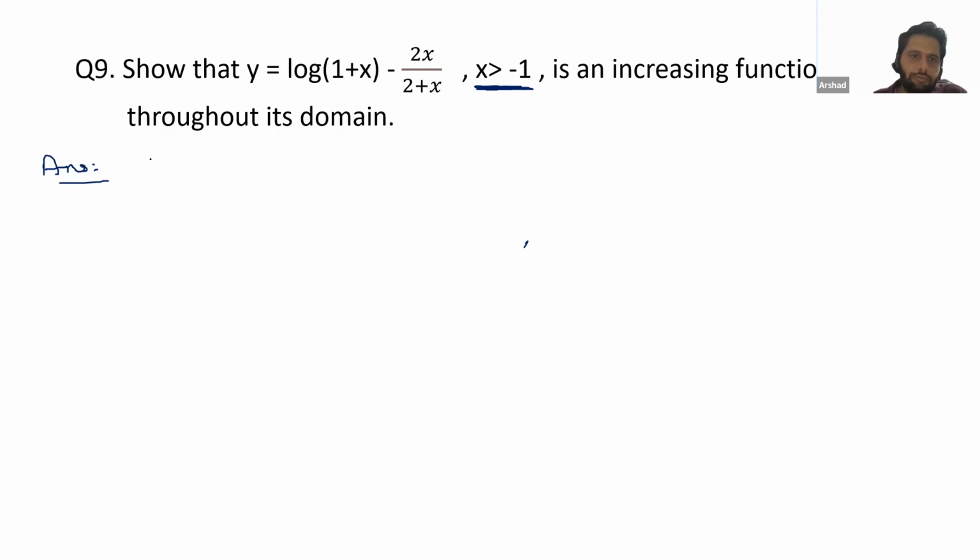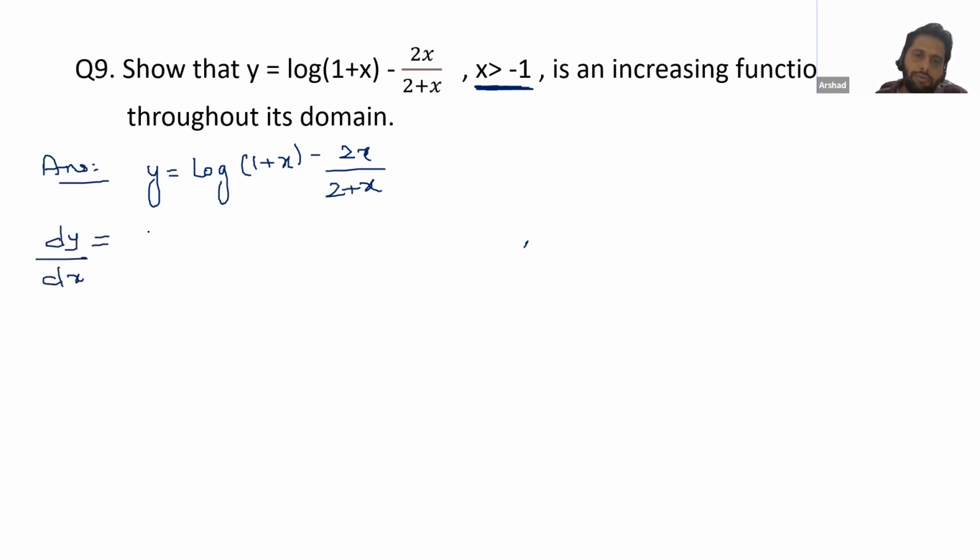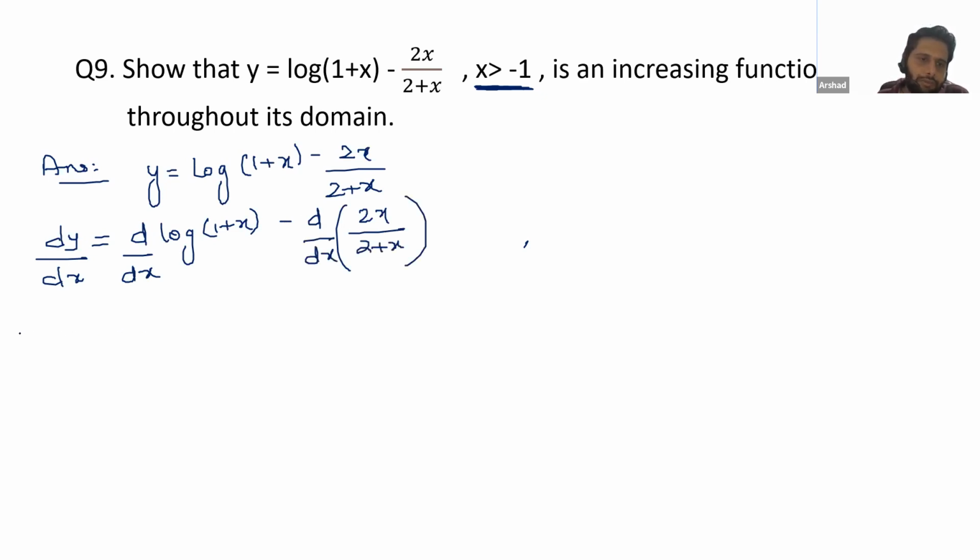Okay. Let me solve this. y is equal to log(1 plus x) minus 2x by (2 plus x). Differentiate this, dy by dx. So this is equal to the derivative of log(1 plus x) with respect to x, minus the derivative of the complete 2x by (2 plus x) with respect to x.